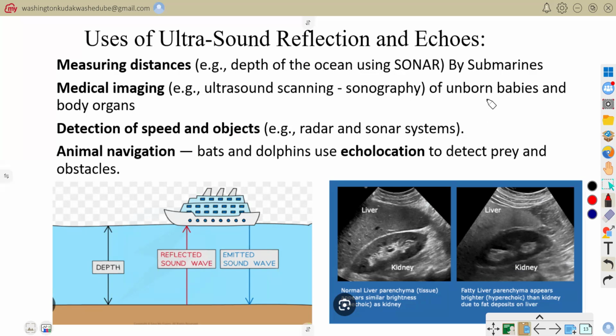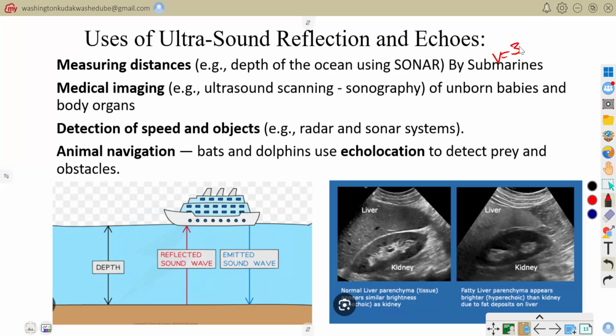For example, when we are in our submarines, we can use the reflection of ultrasound, or of sonar, to measure the depth of our ocean. The sound waves that we release into the ocean, we know their properties, like the speed of sound.